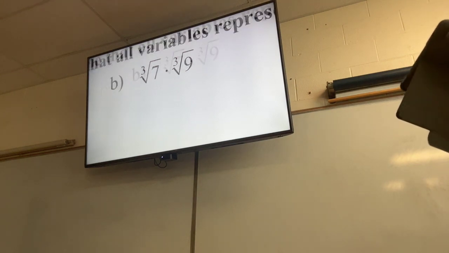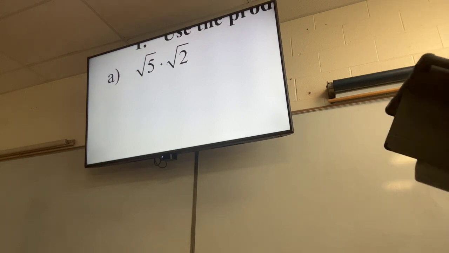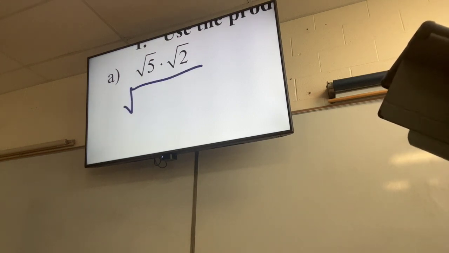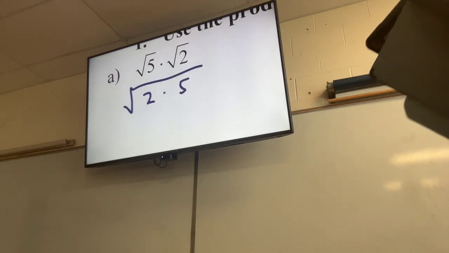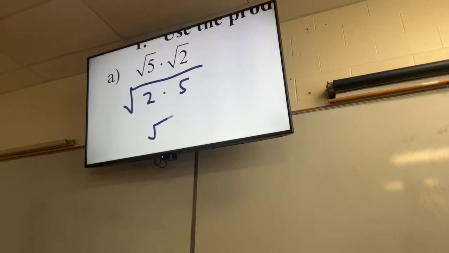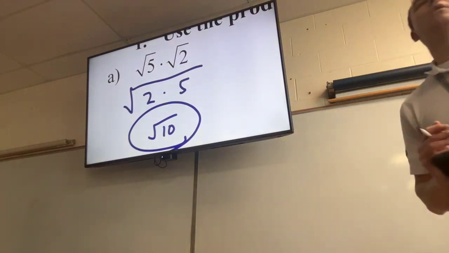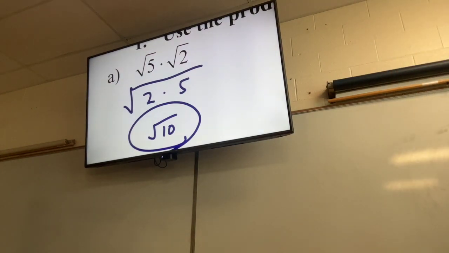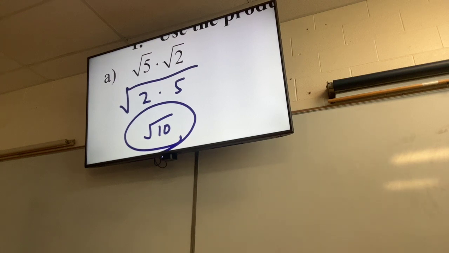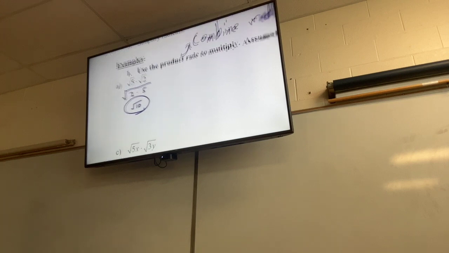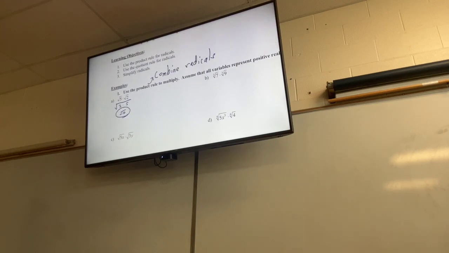So you can just combine these into one. The square root of 5 times the square root of 2 can combine into one giant square root: the square root of 5 times 2, which is the square root of 10. B. The cube root of 7 times the cube root of 9.